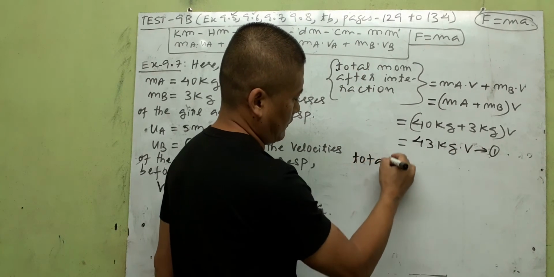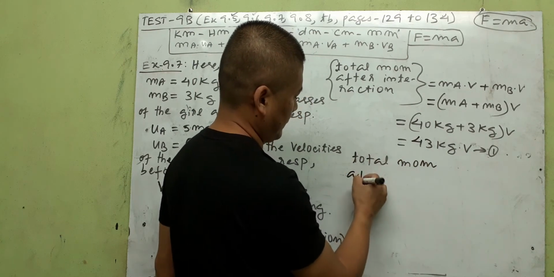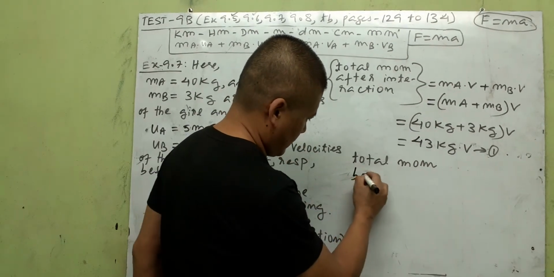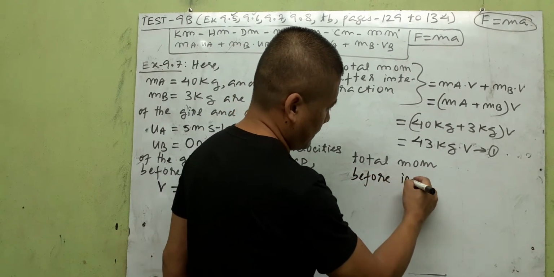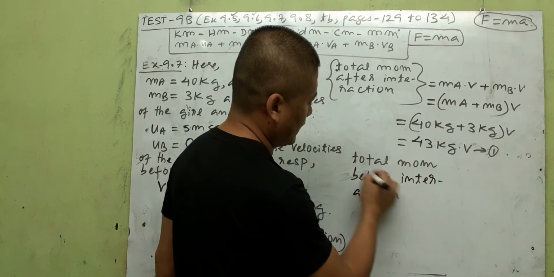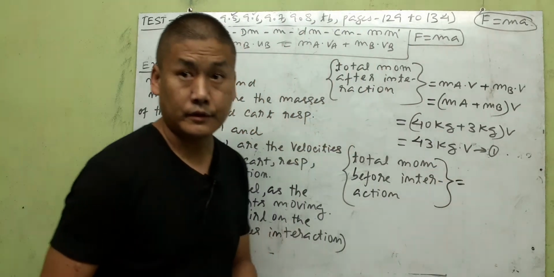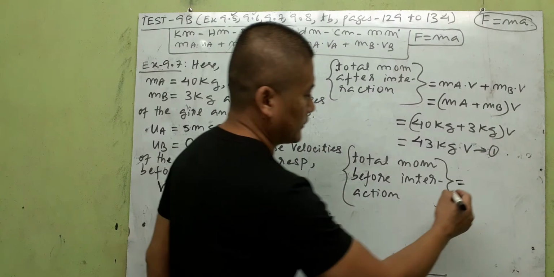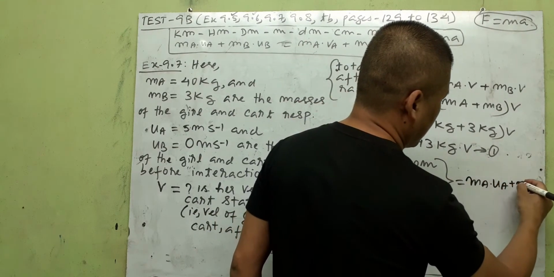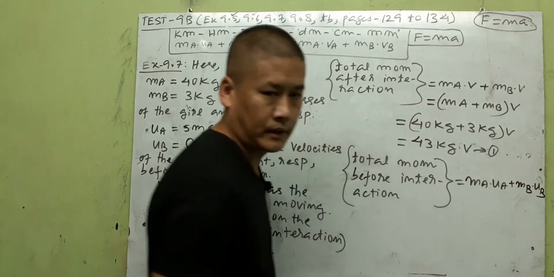Then total momentum after is done, so before interaction of the girl with the cart, total momentum before interaction. So it'll be MA UA plus MB UB.